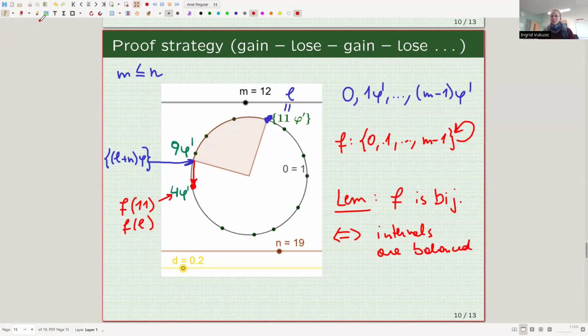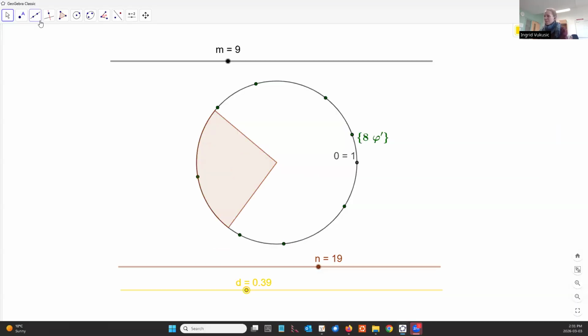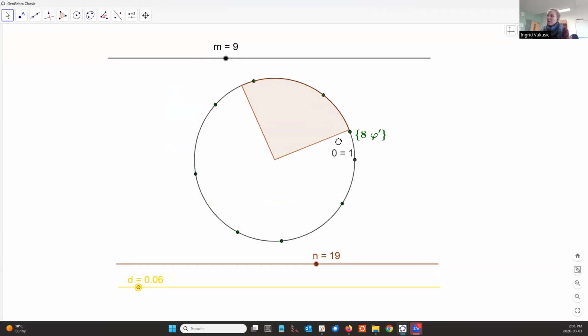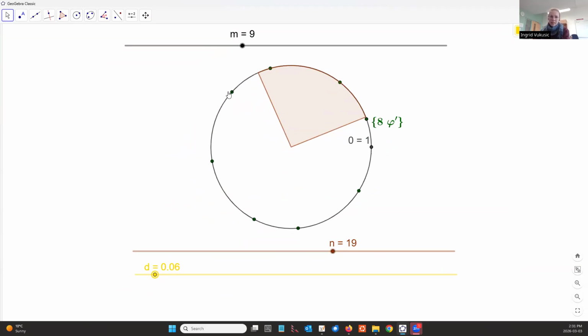Maybe this is obvious, I'm not sure. I'll just briefly show it in this animation again. So the point is that, for example, if we focus, this is a different angle, but from here, this point, we know we just lost it, and then the function is going to tell us what's going to be the next point that we're going to gain.